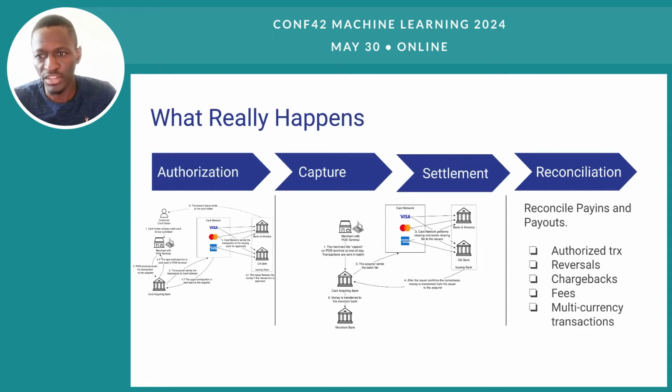So the next step that comes here is at the end of the day, usually, not necessarily all merchants do this, but usually at the end of the day, sometimes it might take 2 days, 3 days, merchants then compile a list of transactions that they've sent for authorization on that day and send it as a batch request to their acquiring bank, right?